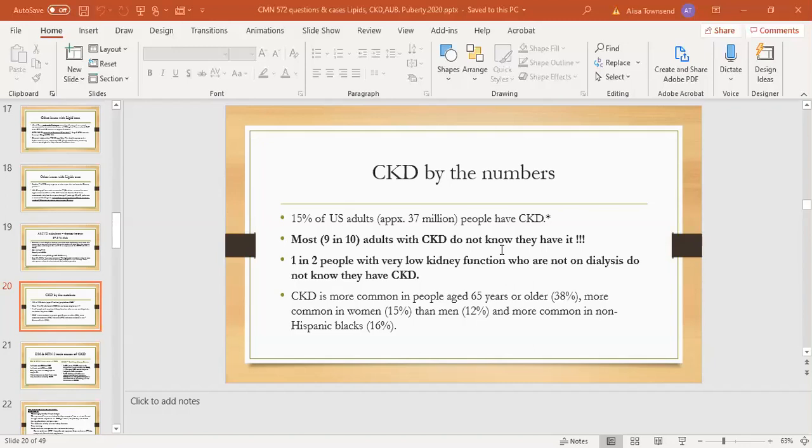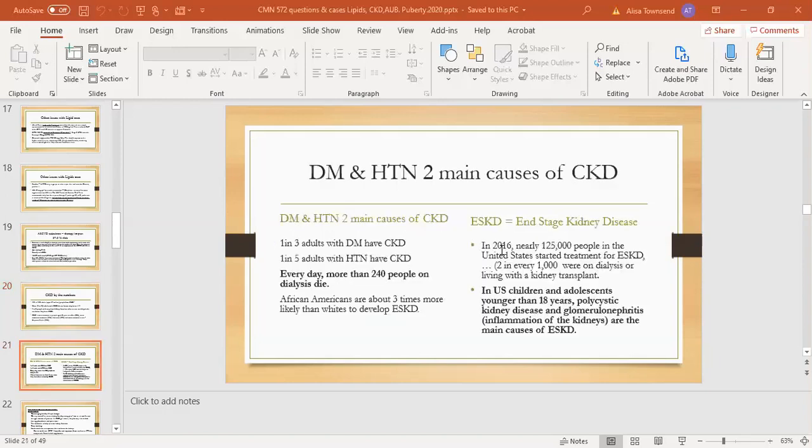CKD is more common in people age 65 years and older, more common in women than men, and more common in non-Hispanic Blacks. Diabetes and hypertension are the 2 main causes.